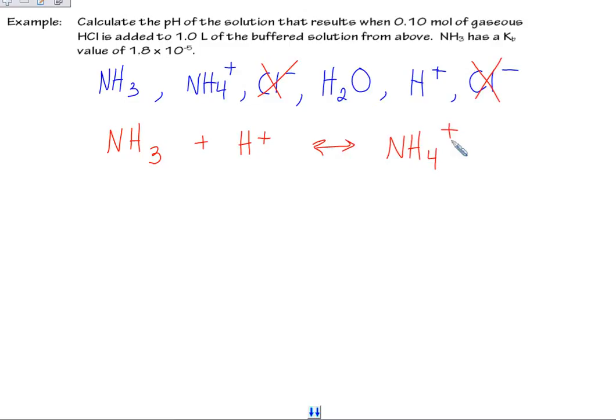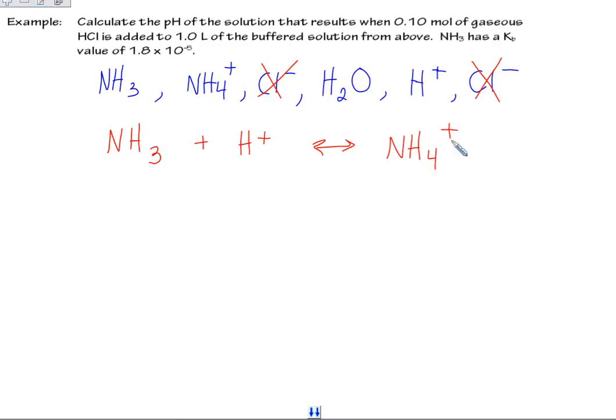So I'm adding extra strong acid, but I'm going to exchange that for the formation of a little bit of weak acid. The ammonium ion is weakly acidic. That should have less of an effect on the pH than having a whole bunch of extra hydrogen ions free floating in the solution.